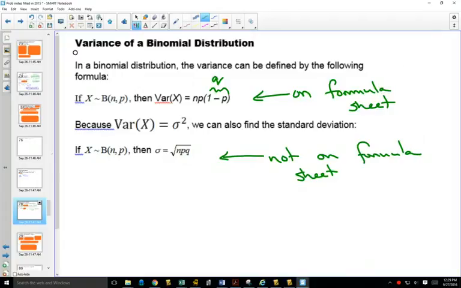So that's exactly the same formula, just with a square root sign around it. And I checked your formula sheet, and the variance formula is on there. So you have to know that standard deviation is the square root of the variance, because that isn't on your formula sheet.